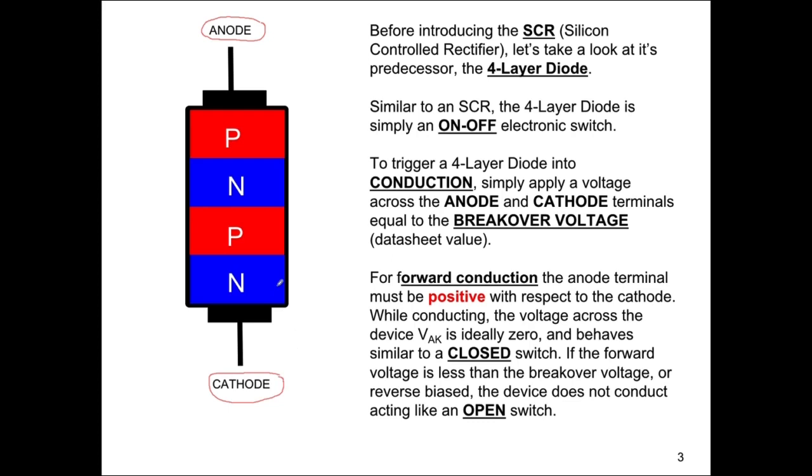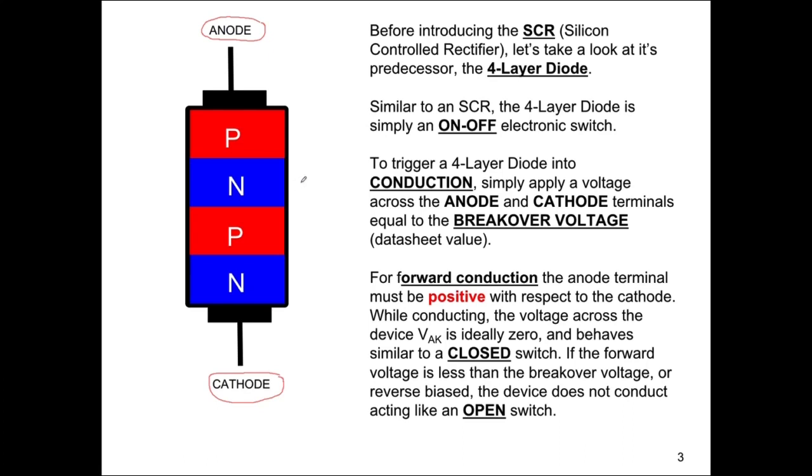The four-layer diode and the SCR are part of the family known as the thyristors. It's used as an on-off switch, not as an amplifier. If the switch is closed, current is flowing through it. If it's open, then we have no current. So it's just a simple solid-state electronic switching device.